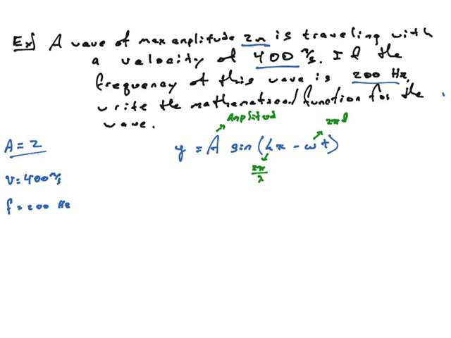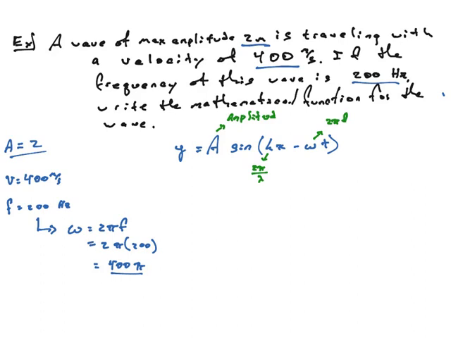But I don't want frequency and I don't want velocity. I want k and I want omega. Well, look at f, frequency here. I know omega is 2 pi times f. So that's 2 times pi times my f, which is 200. So I have 400 pi is my omega.